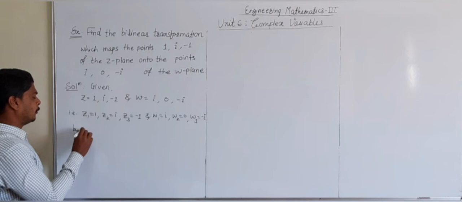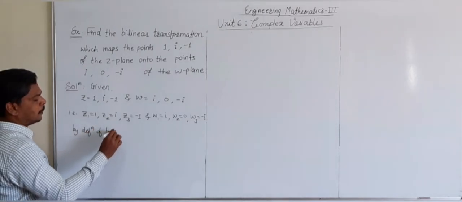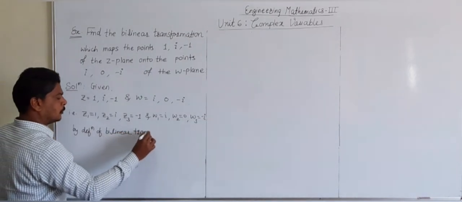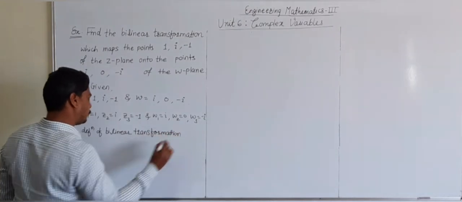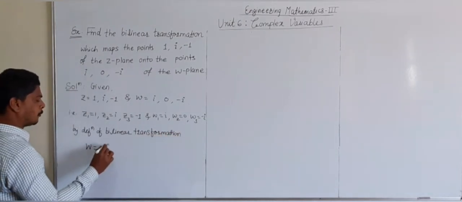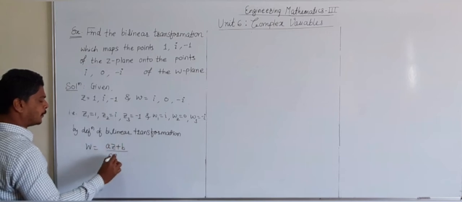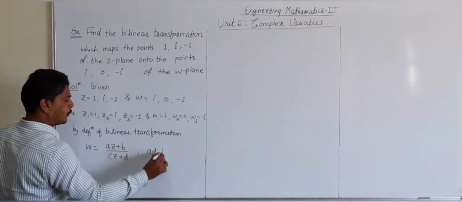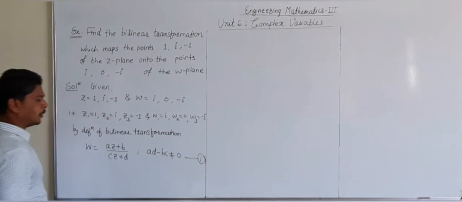So by definition of bilinear transformation, w is equal to az plus b divided by cz plus d such that ad minus bc not equal to 0. So this becomes our equation number 1.